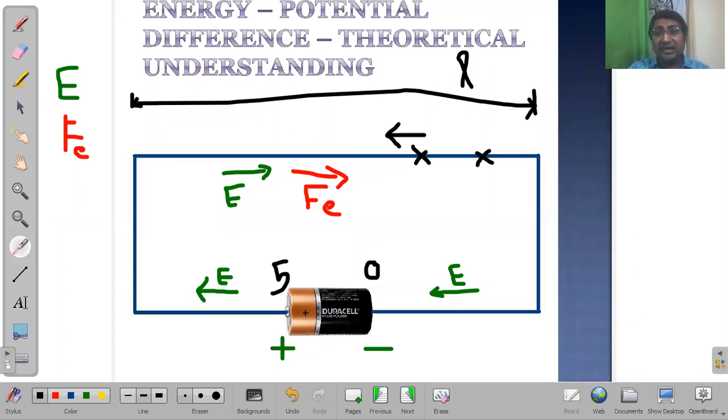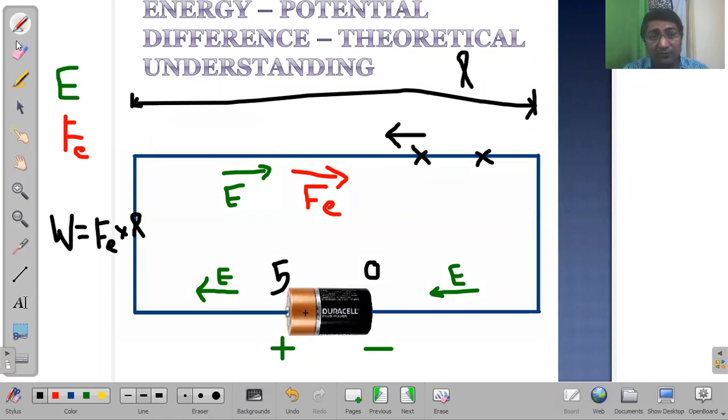We have a displacement of these electrons. Now, if you remember the definition of work, work done is nothing but force into displacement. So work done is Fe into L. Work done is force into displacement, and this is the overall. Let's imagine there are 1,000 electrons.